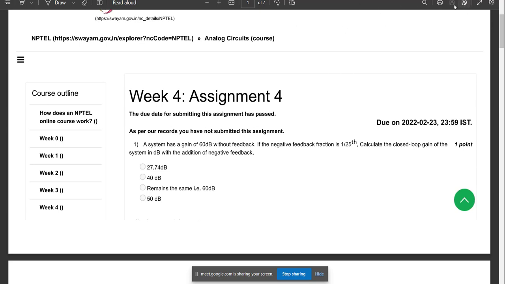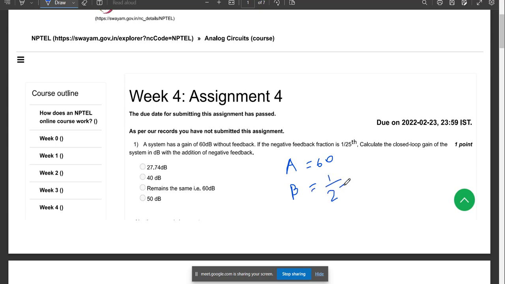Let's say A is the system gain, then A is 60 dB, right? And if the negative feedback fraction is 1 by 25th, then here beta is 1 upon 25, right?